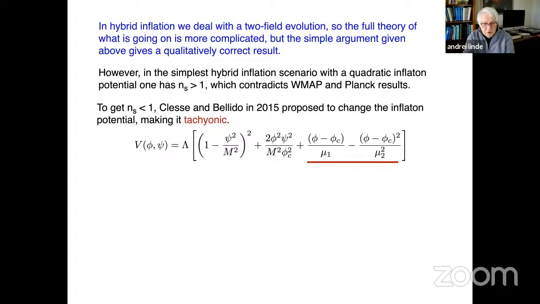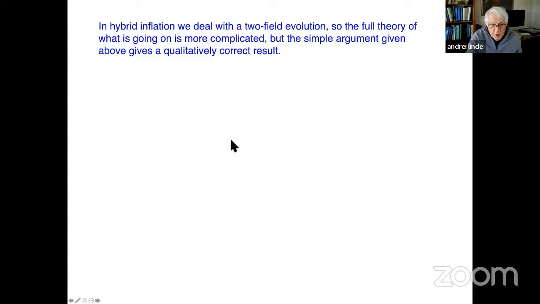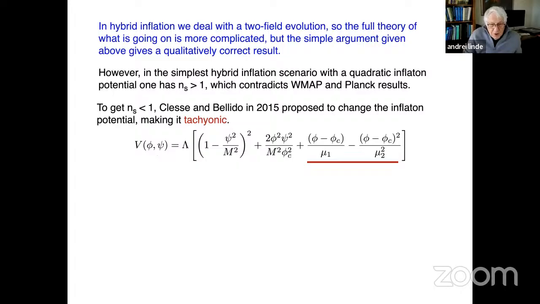And of course, there is a rather famous paper by Clesse and Garcia-Bellido, which, in my opinion, restarted the interest in PBH production in the early universe in a substantial way. And they modified the potential. Except that instead of the letter chi, they use the letter psi. This is the hybrid inflation potential, but instead of the simple term m squared phi squared, they added a combination of a linear and a quadratic term.